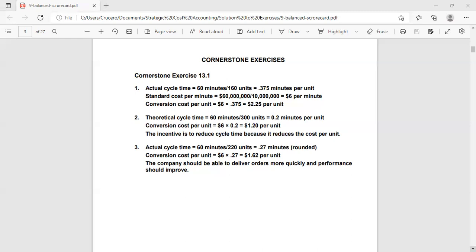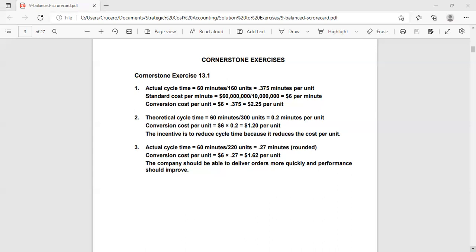Conversion cost per unit is $6 multiplied by 0.375, so the per unit conversion cost is $2.25 per unit.